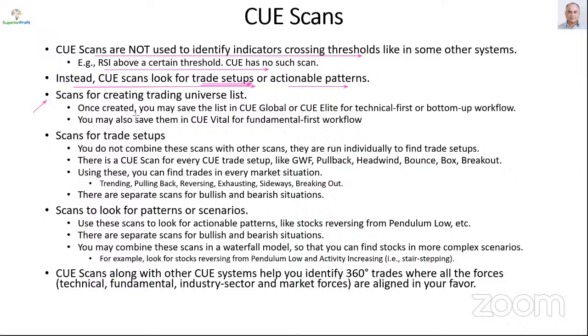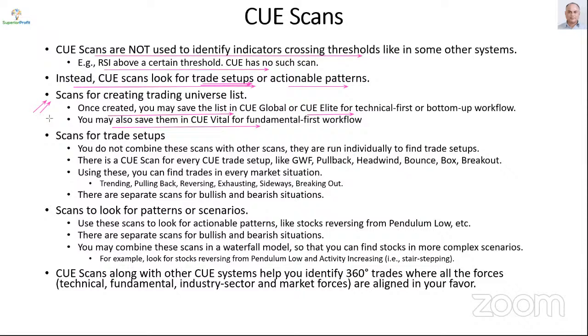Scans for creating trading universe list. Once created, you may save the list in Q Global or Q Elite for technical first or bottom-up workflow. You may also save them in Q Vital for fundamental first workflow. So these scans are used to create your own trading universe list.